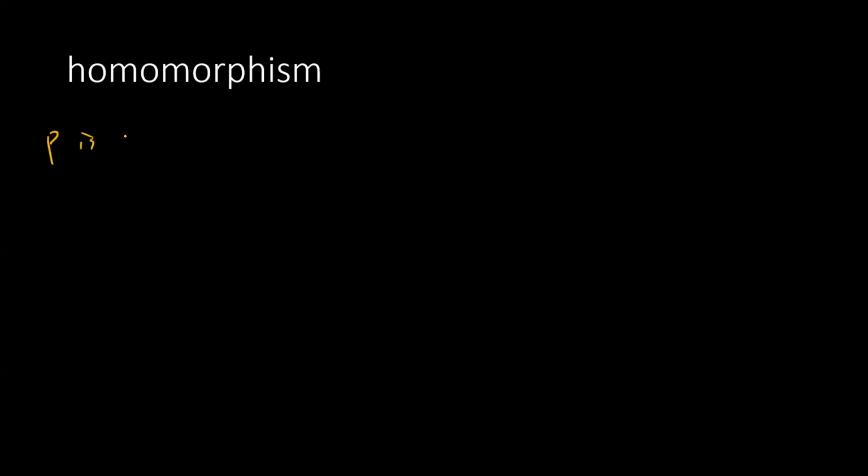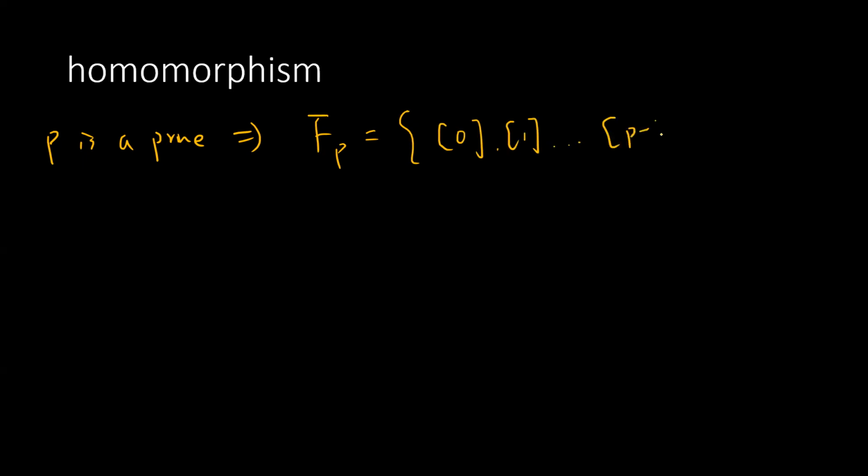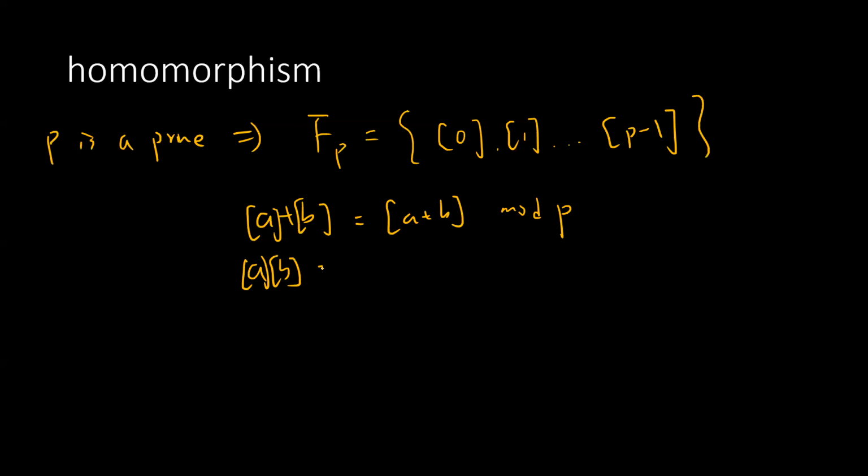If p is a prime, then let's define F_p. F_p is basically 0, 1, up to p minus 1, with the addition a plus b the same as a plus b but mod p, and the product defined to be ab mod p. So for whatever prime p, it exists. Okay, theorem: F_p is a field.